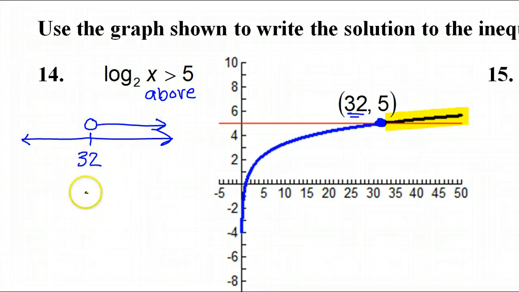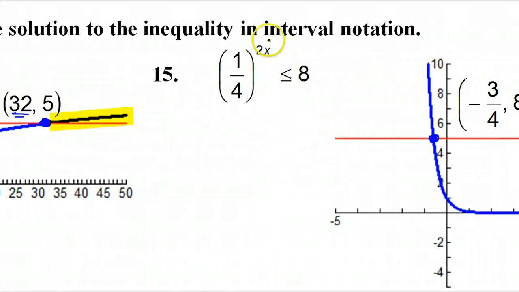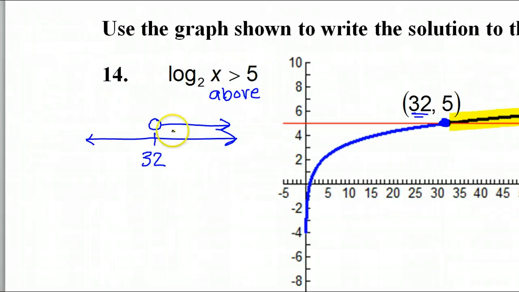And we must write this in interval notation as they requested. So recreating this solution set in interval notation, I'm going from 32 to infinity. So I put 32 to infinity like that.